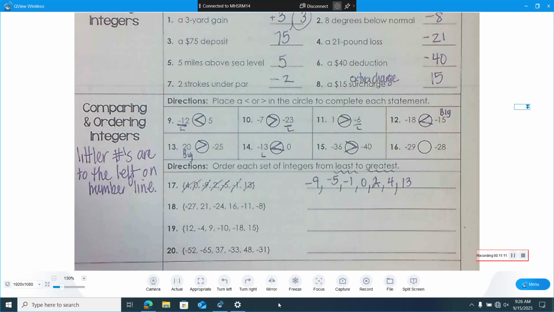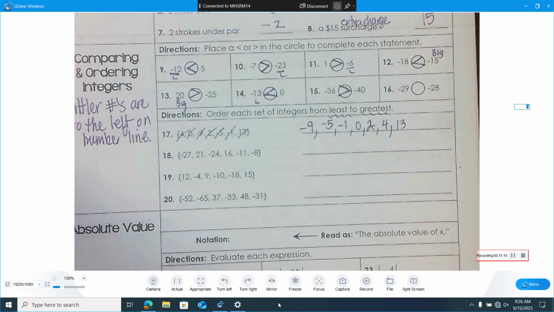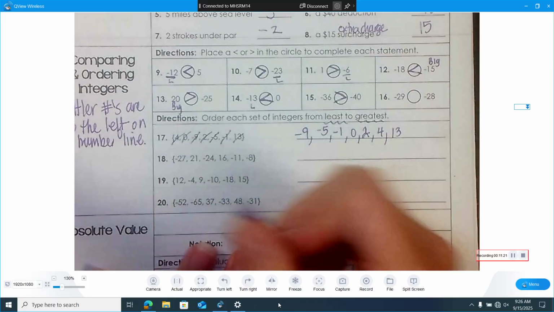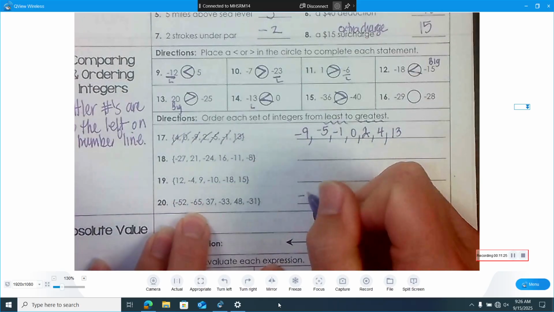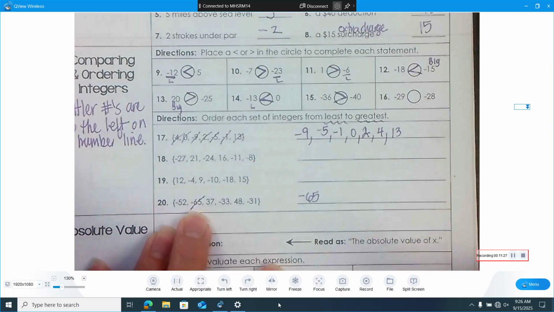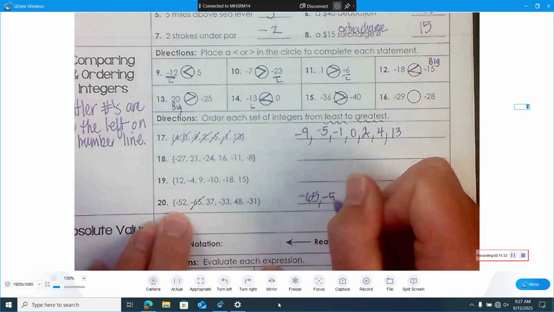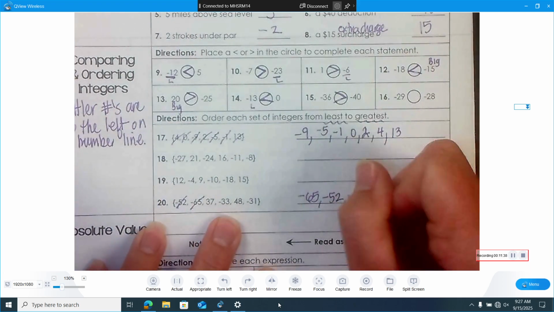Awesome. Let's look at number 20. Which one is furthest to the left on the number line? Negative 65 is furthest to the left. And then what's left? Negative 52. Very good. Negative 33.